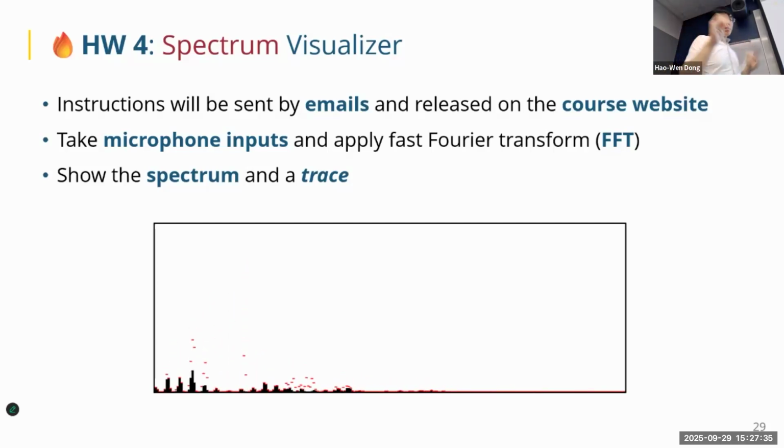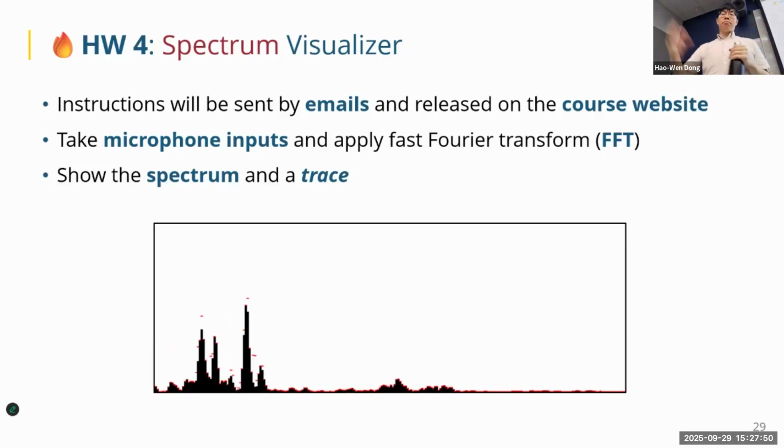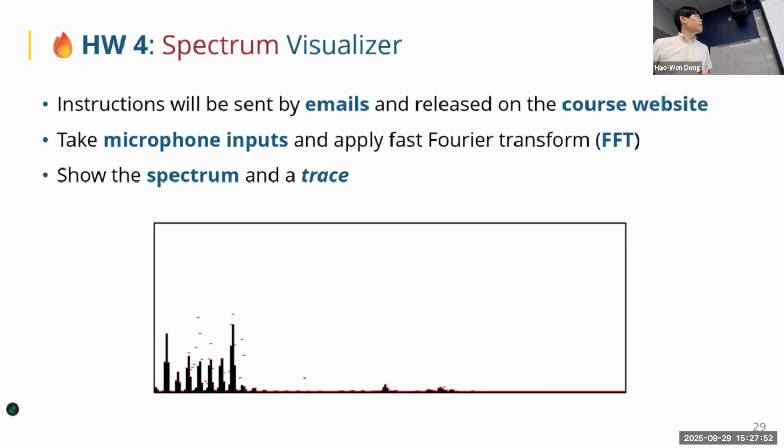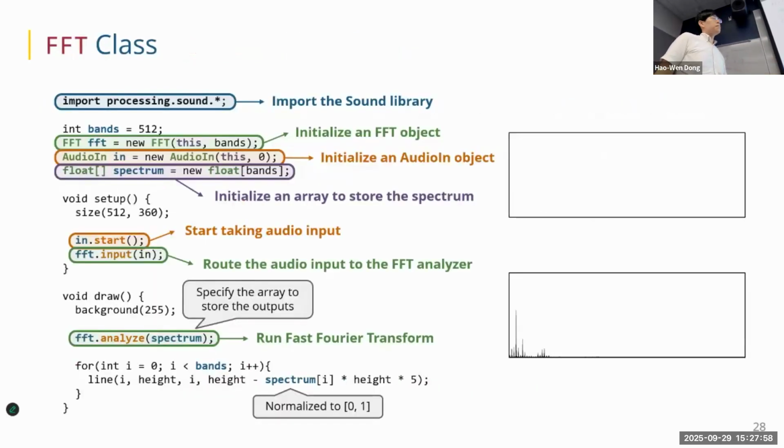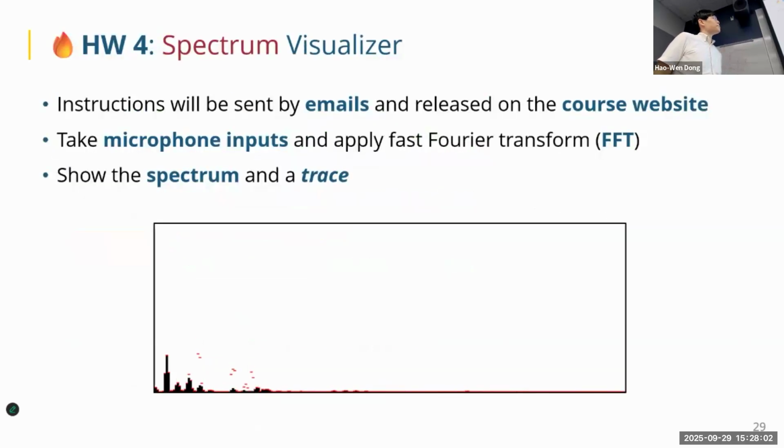You want to do some array manipulation, basically visualizing part of the array rather than the whole array. You also want to implement this trace thing with another array. Other than that, the skeleton code should give you a very good starting point, and then you just improvise on top of that.